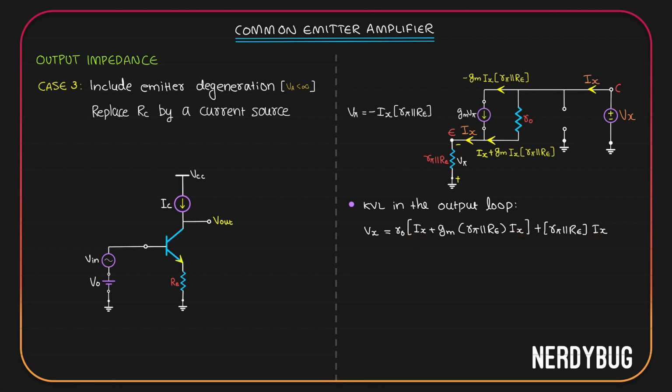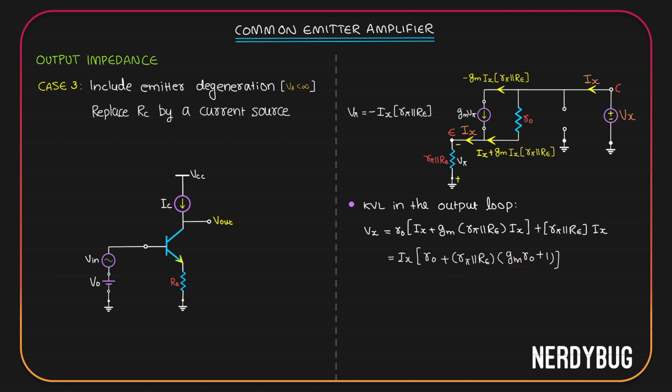So we can take Ix in common on the right hand side. We get Ix multiplied by R naught plus Gm R naught R pi parallel to Re plus R pi parallel to Re. In both these terms, we have R pi parallel to Re. Let us take it in common. We get Ix multiplied by R naught plus R pi parallel to Re multiplied by Gm R naught plus 1.